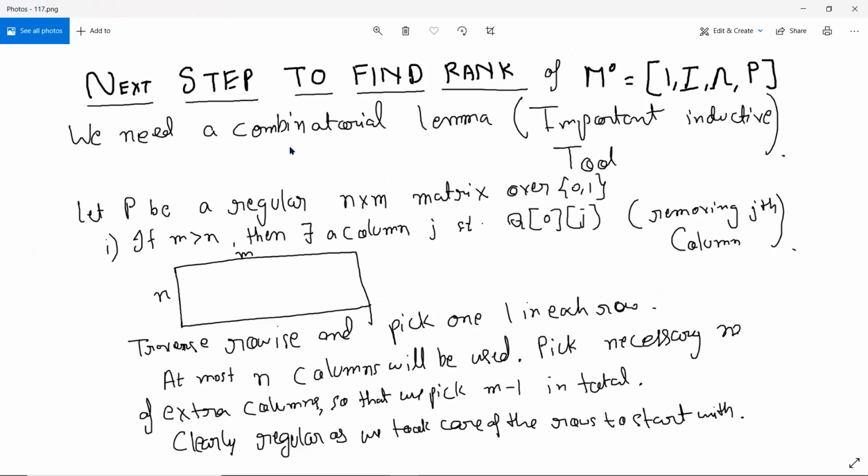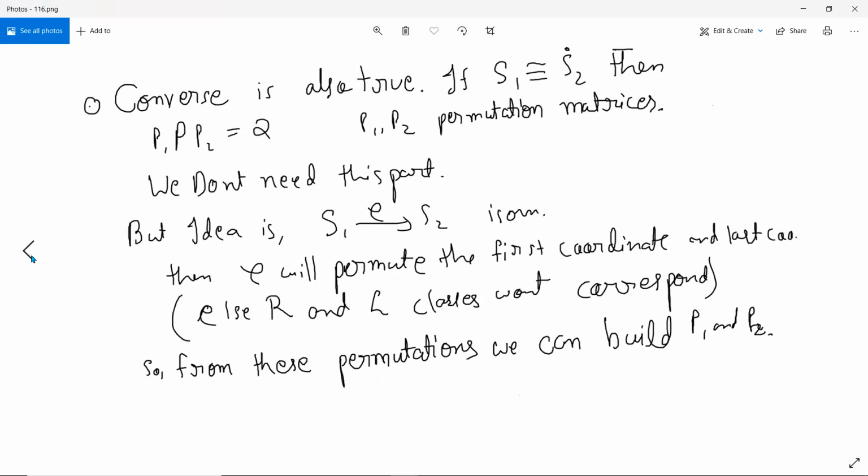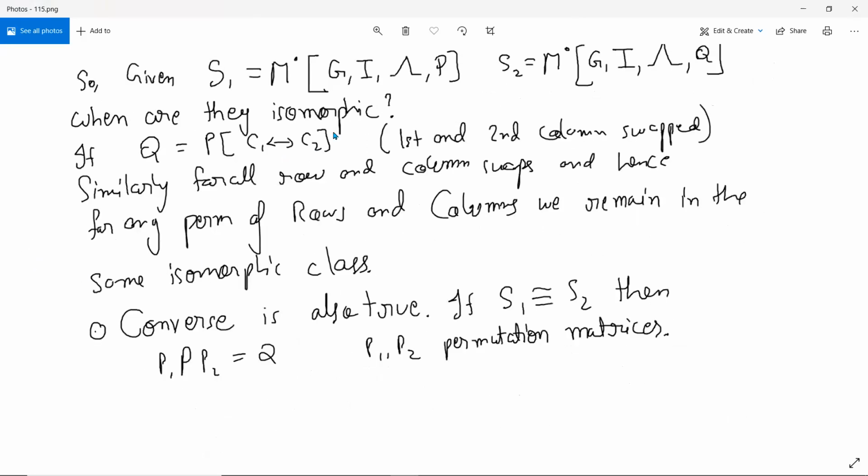Before we actually start calculating the ranks of completely simple semigroups in which P is special, for example, we'll take P to be the identity matrix, and obviously G will be trivial in our case.